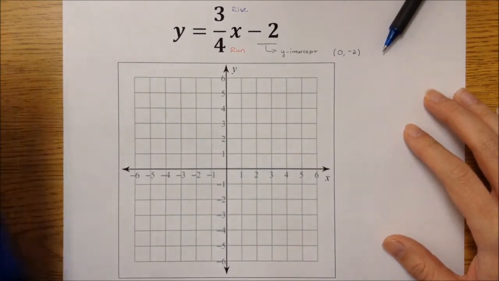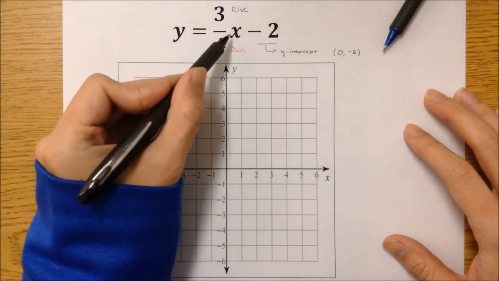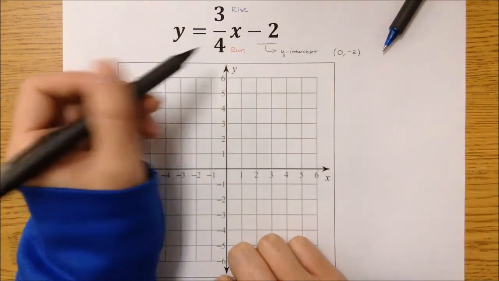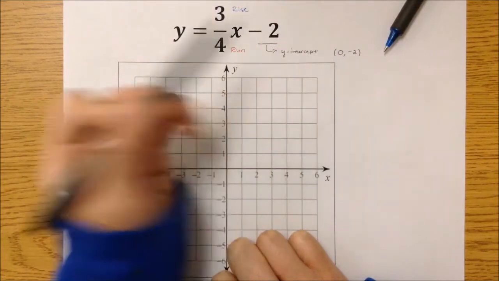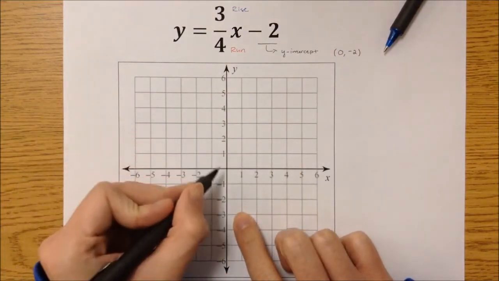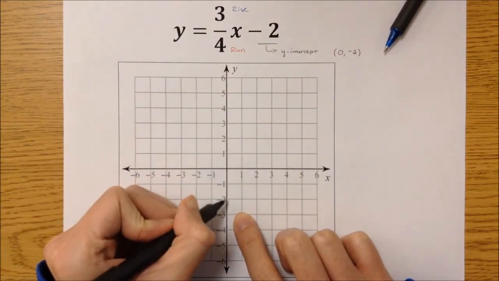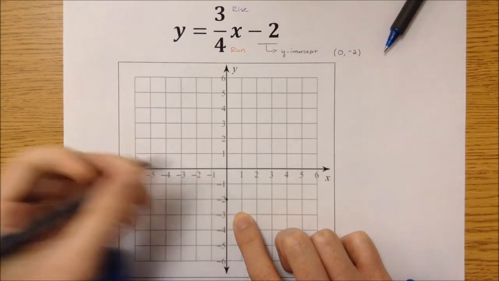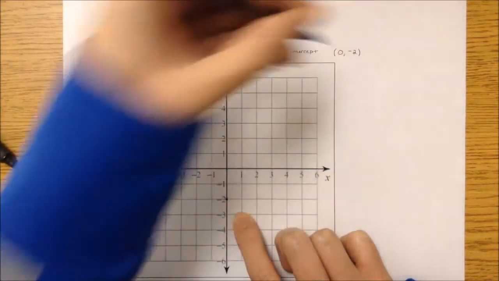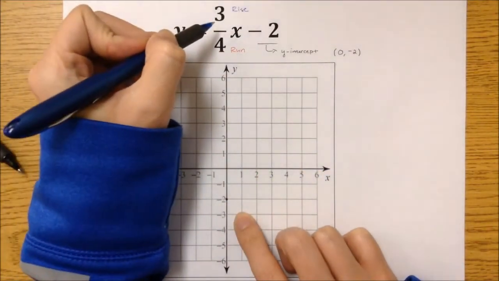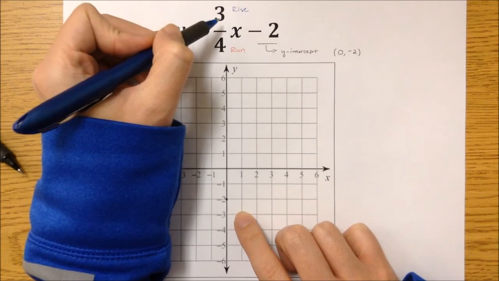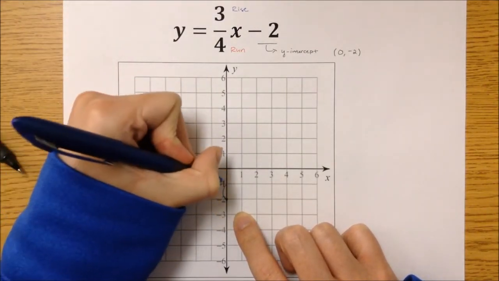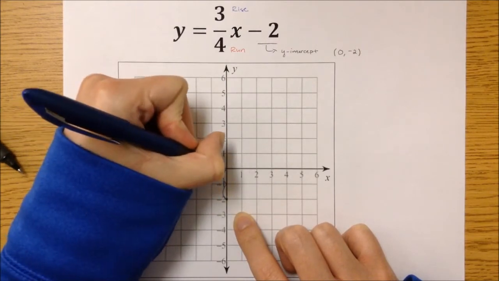Alright, so when it comes to graphing y equals 3/4 x minus 2, we always start off with the y-intercept. Our y-intercept is 0 comma negative 2, which is right here. Now, using the y-intercept, we're going to follow the slope. 3 is our rise, so I'm going to go up 3 times. 1, 2, 3.